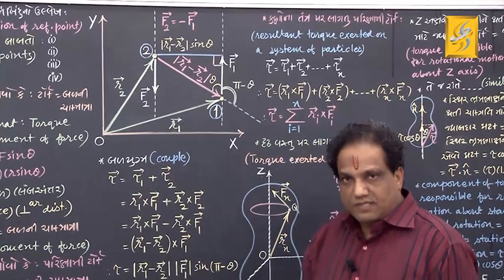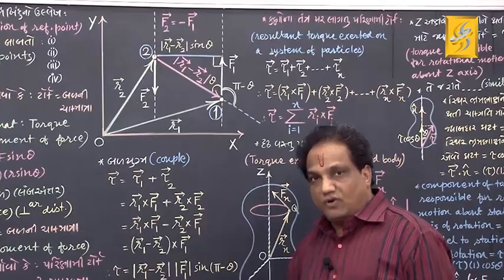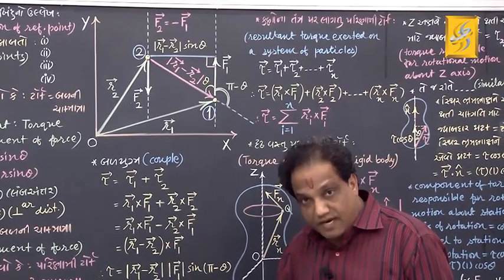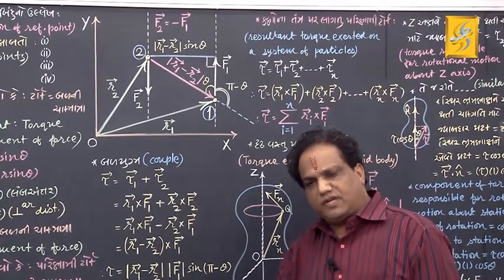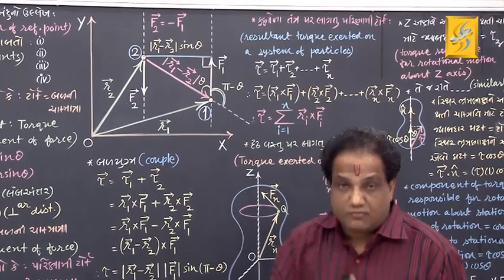How? When you are going from here to here, you are making a displacement, and the displacement vector is always the final position vector minus the initial position vector.